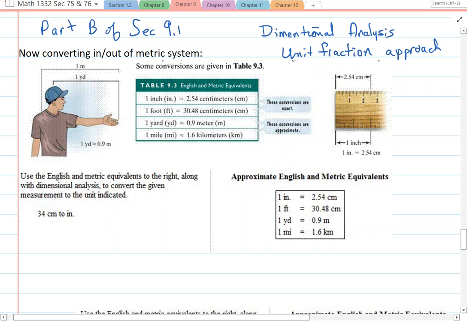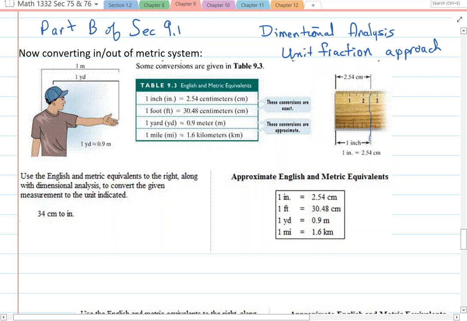So here we have an inch, and you can see the centimeters, because what we have there is all of these values. So here's the 1, 2, and so on. 2 and 54/100 centimeters equals that inch.